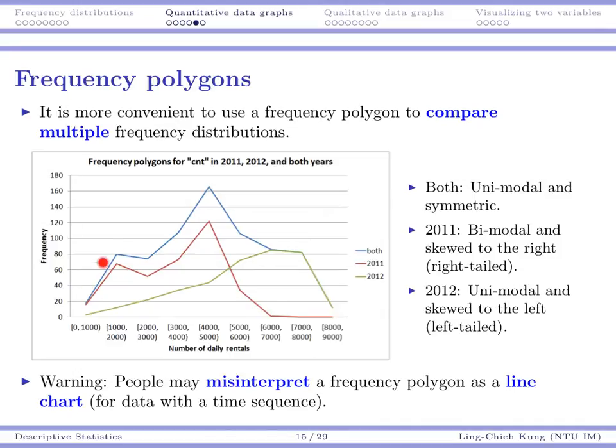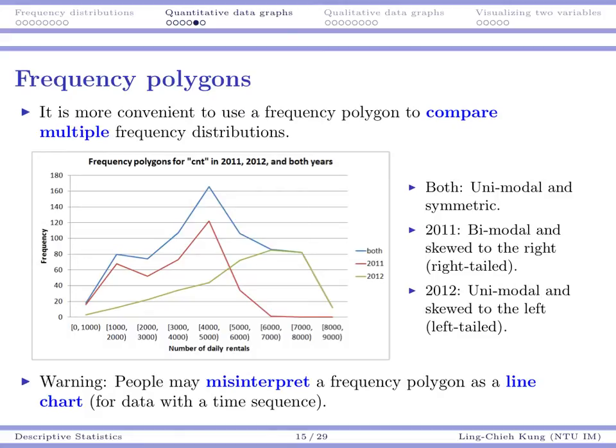So in this case, for the blue line, people typically say, well, it's at least very close to unimodal. We typically, in this case, do not want to emphasize that there is also a small peak here. But you probably don't want to do that for 2011, because for 2011, this second peak is relatively more important. So you probably don't want to skip it when you describe the data set.